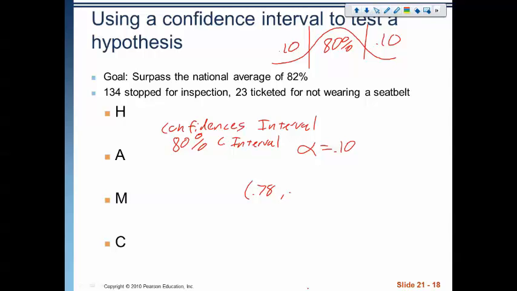Did I just do it wrong again? Yes, I did. This is what happens when you get old. Don't get old. 0.78 to 0.87. Yeah, I was right the first time. Okay, good. And then my p hat here is 0.8283, and my sample size is 134. So that's my interval.